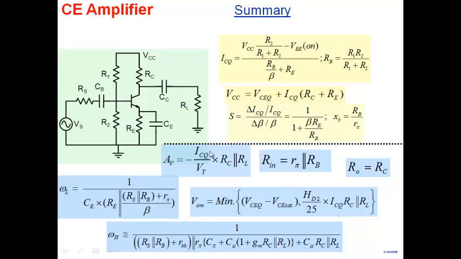If you want gain to be high, you'll have to compromise the input resistance. Or if you want voltage swing to be high, again, you may have to compromise the gain. So a part of the design process is to be aware of the trade-offs. As a designer, what are the trade-offs that you can make in this particular amplifier? So let's look at that.